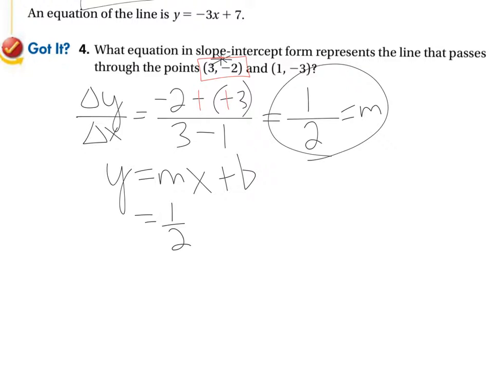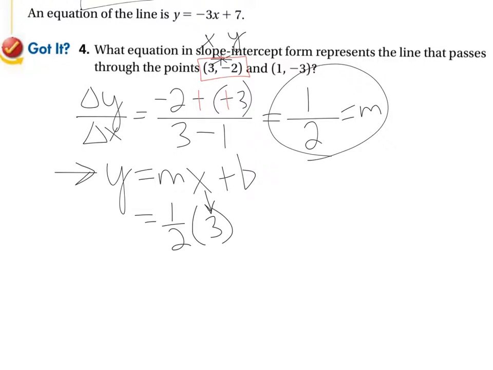Sometimes, if you have decimals on one, maybe you'll pick the other one. Or if you have negatives on one, maybe you pick the one that's positive. Again, if you label what the x and the y are, just so we make sure we substitute correctly, I would recommend you write the equation there, y equals mx plus b, so the equation is right there where it's easy to see, okay, here's my x, which is 3.